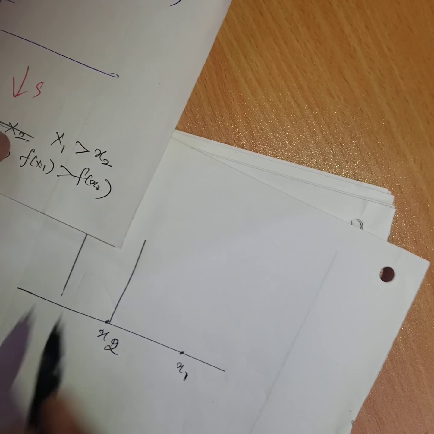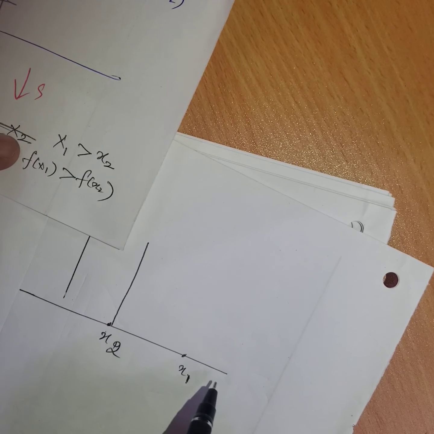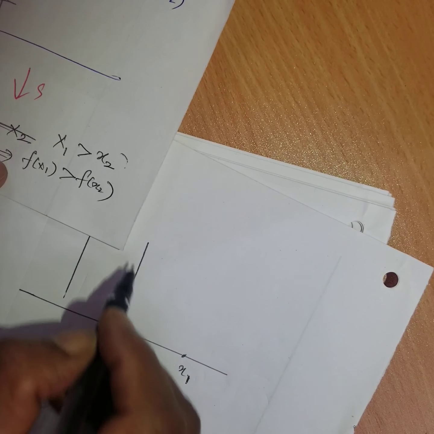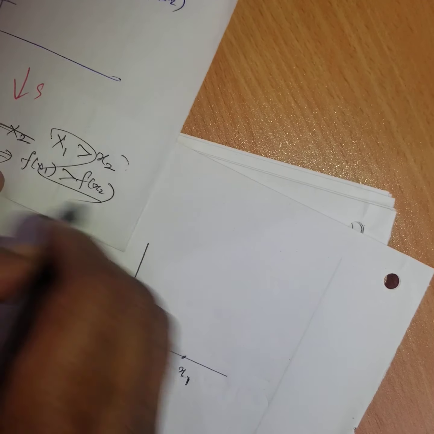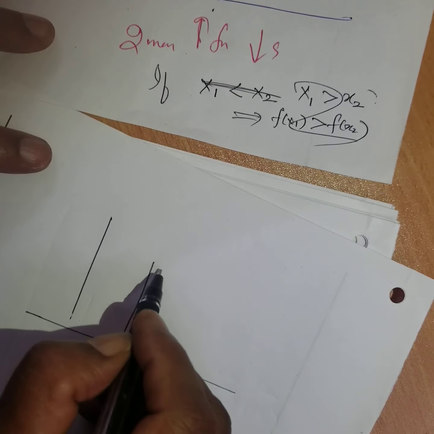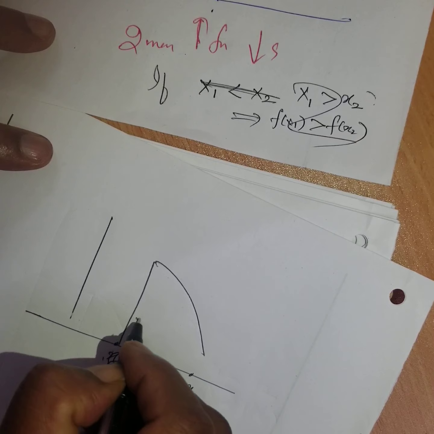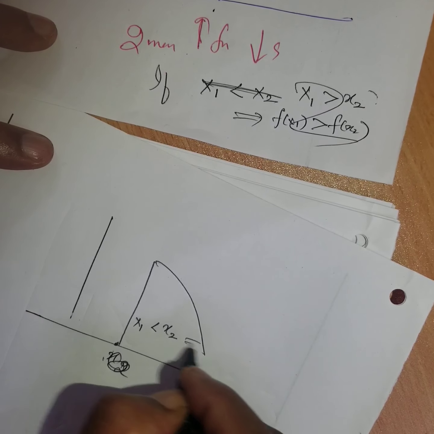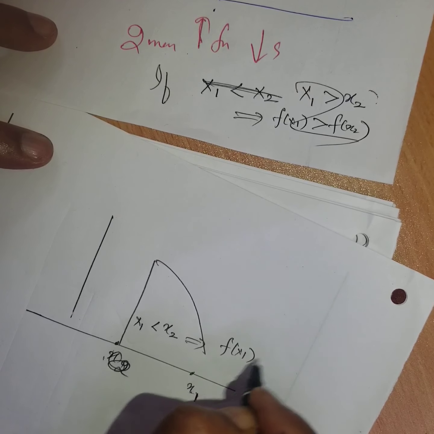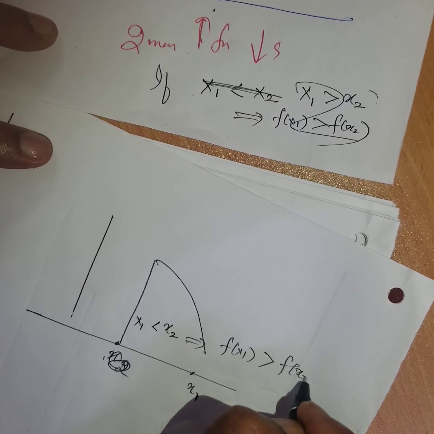Therefore, how to start with what is called decreasing? This is decreasing function. Decreasing function means if x1 is less than x2 implies what? Function of x1 is greater than function of x2.